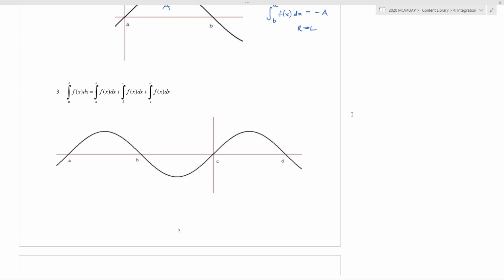That would be the integral from a to d. So you can add up the different parts, making sure that you don't skip any of them. Any questions on that? So those are the 3 properties that we're going to be using today, formally written out. Any questions?